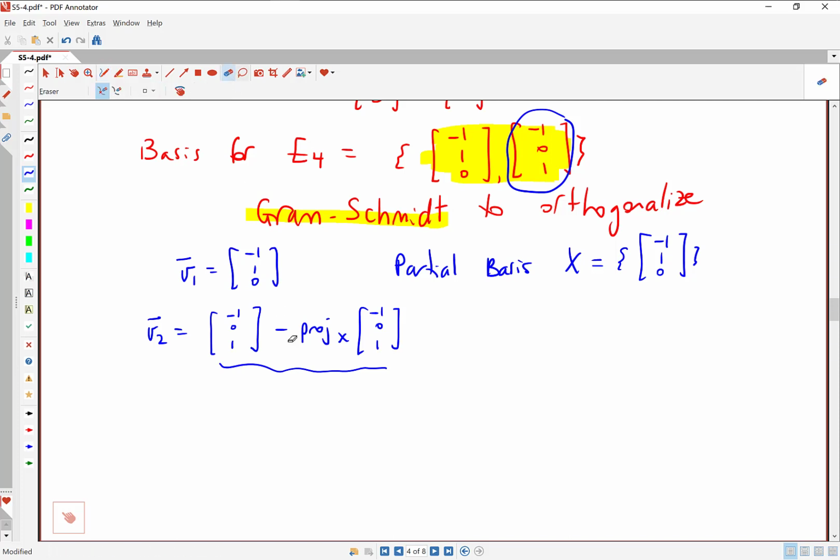All right, so let's run through the algebra. We would have -1, 0, 1 minus. To do our projection, we're going to be doing the dot product of this vector here with our vector in x. So just highlight the two vectors we're going to be working with so we can see them. So dot product is 1, and then everything else is about the vector that you're projecting onto, which is this guy here.